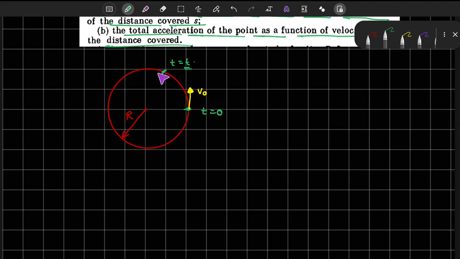At this particular time instant, let us say this is the tangent to this circle, and this is the direction of the velocity. In the direction of velocity we have the tangential acceleration, and the direction towards the center of the circle is the direction of the normal acceleration.